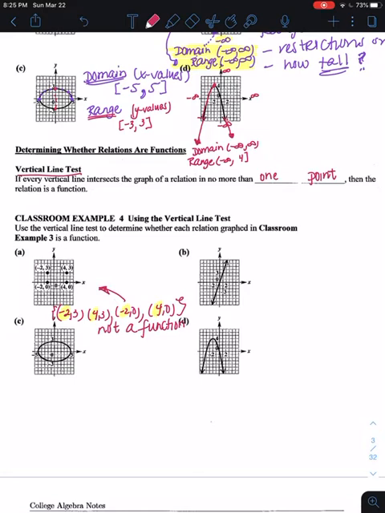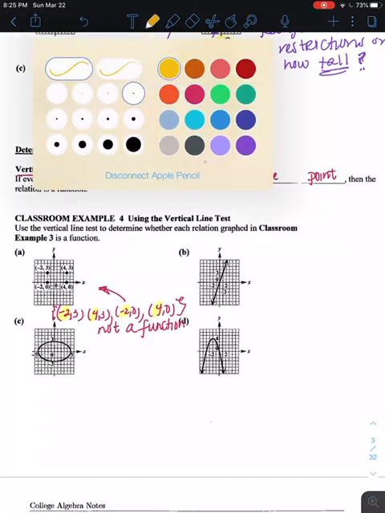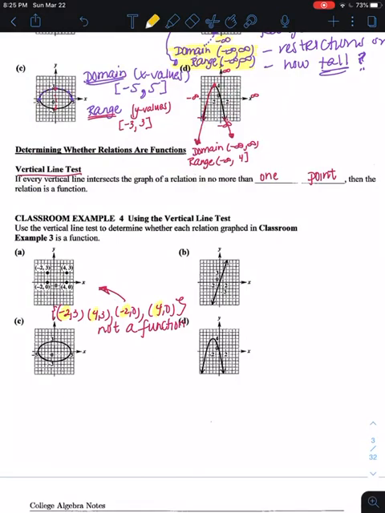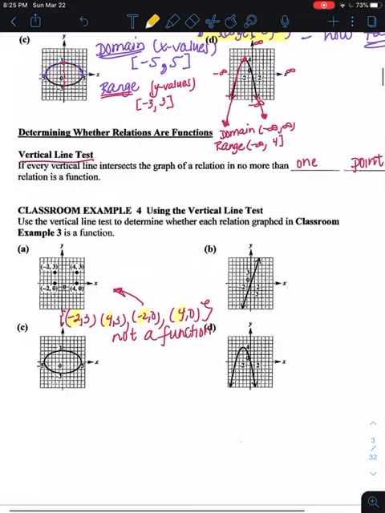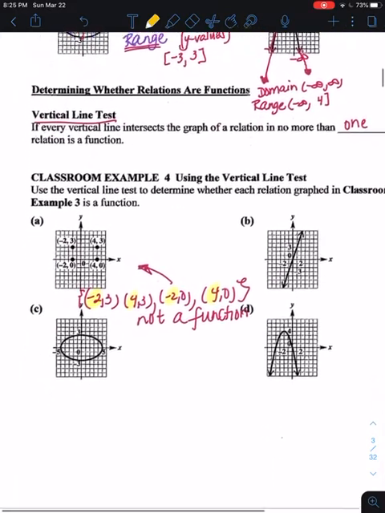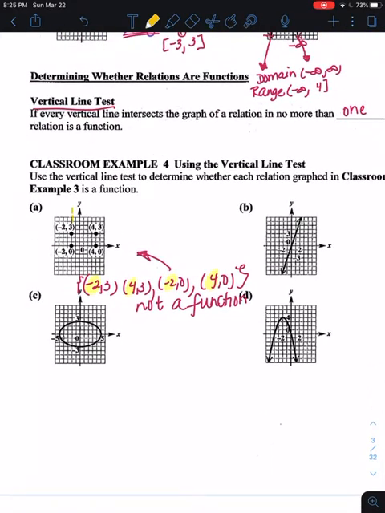But we can use something called the vertical line test if we're looking at a graph, which means that I put an imaginary vertical line anywhere on this graph. If it hits more than one point, it's not a function. So let's just see. If I put an imaginary vertical line like here, you notice it hits a point here and it hits a point there.